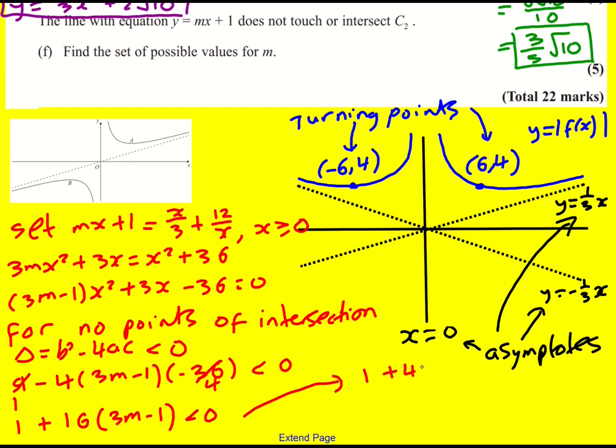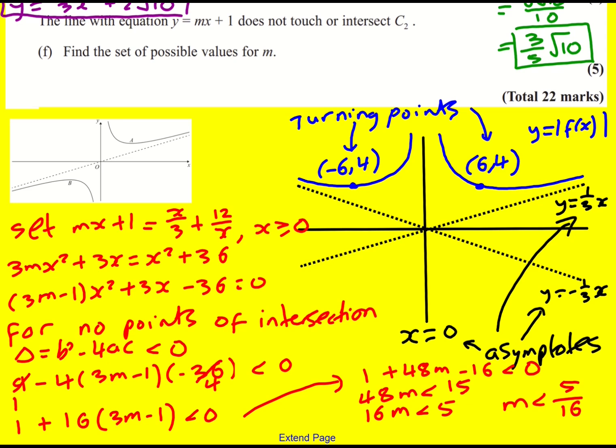So 1 plus 48m minus 16 is less than 0, which means 48m will be less than 15. I can divide through by 3, so 16m will be less than 5, and therefore m will be less than 5 over 16.